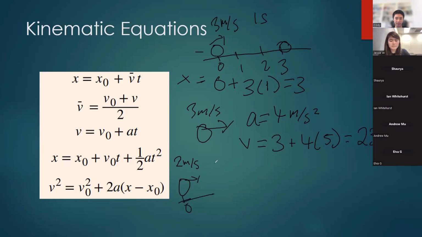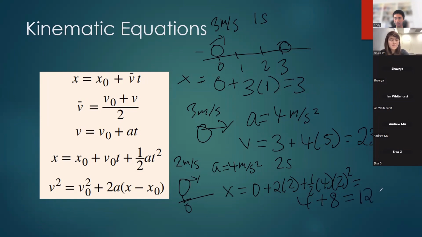And then the acceleration is 4 meters per second squared. Let's say after 2 seconds we want to find how far it's traveled. We'd use this fourth equation. So x is equal to its initial position, which is 0, plus its initial velocity times the time, plus 1/2 of its acceleration times time squared. Then you would get 4 plus 8, and you'd get 12 meters.